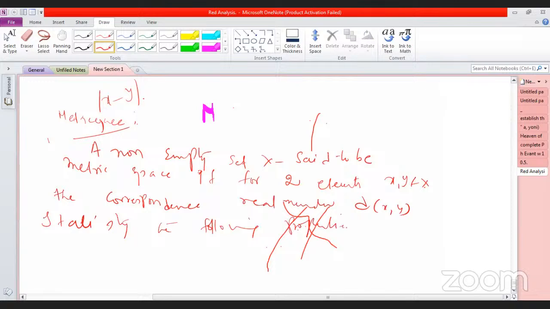See here, I am telling you this is capital X, with small x, y values in it, the corresponding real number D of x, y satisfies the following properties. What are the properties?